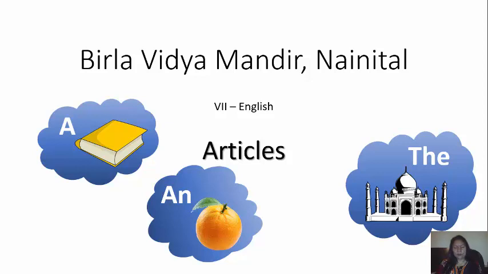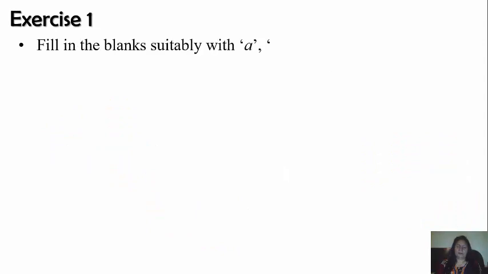Okay, now let's go through some worksheets and we will do the practice of these articles, and you can copy down these worksheets in your notebook. Fill in the blanks suitably with a, an or the.